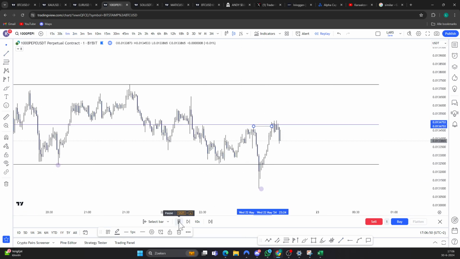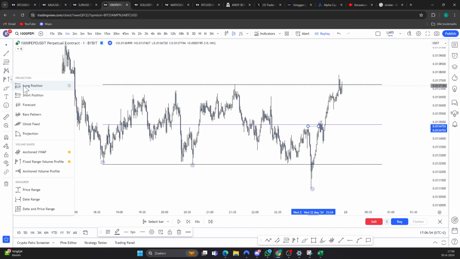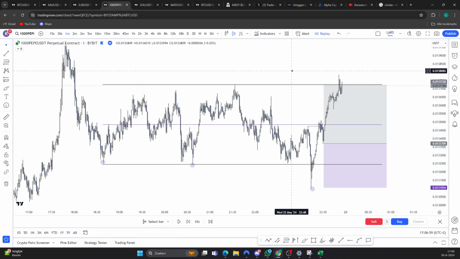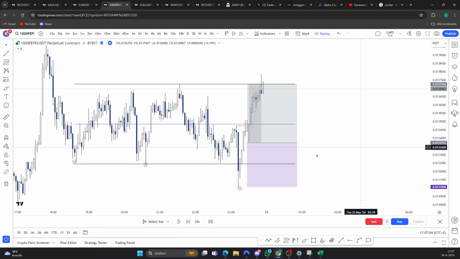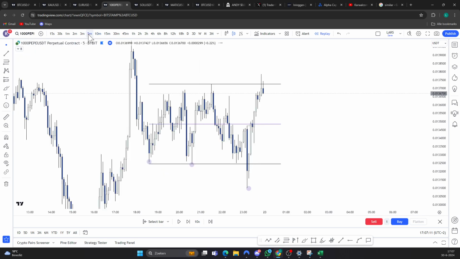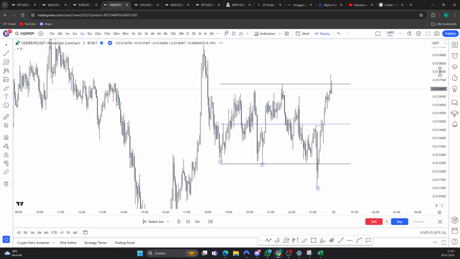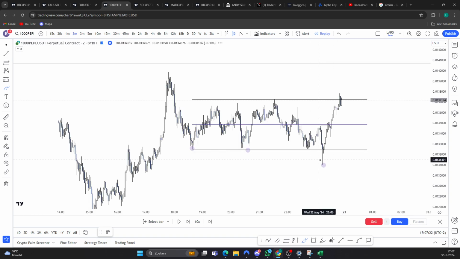But if we can find a local entry, was this risk to reward worthy? 1.3. Nah. Was it even a break by then? Let me check. No, it wasn't even a proper break. So even though it's a Model 1 and it hit its target, and we can also say why did price have to come down there?